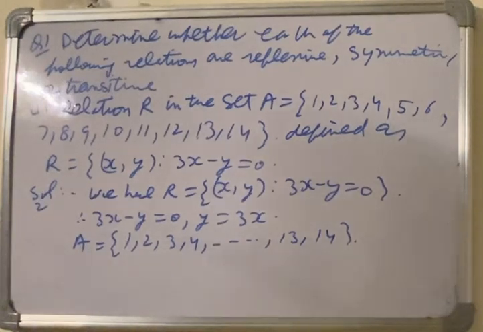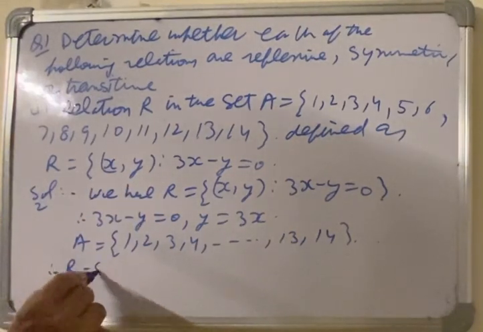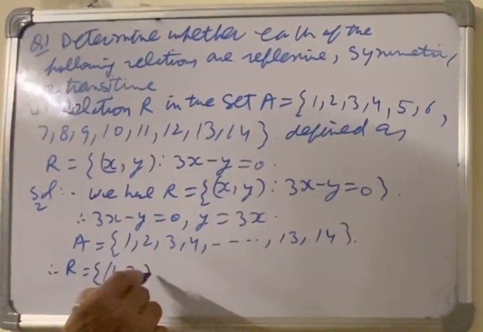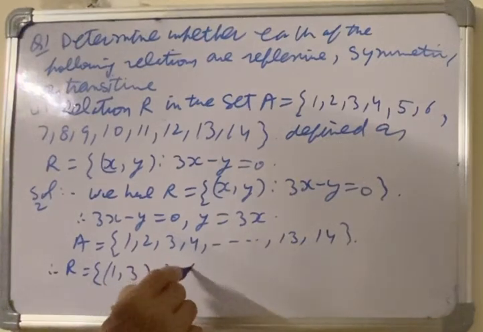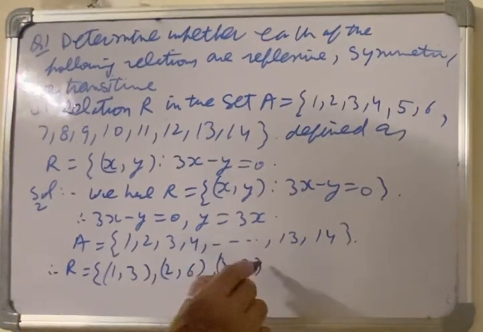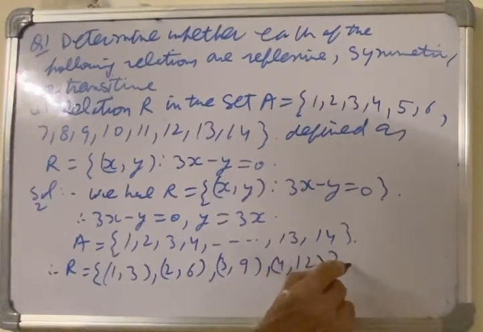By taking these values of x and y, we can find out R. Therefore, R is when x is 1, y is 3; x is 2, y is 6; x is 3, y is 9; x is 4, y is 12.